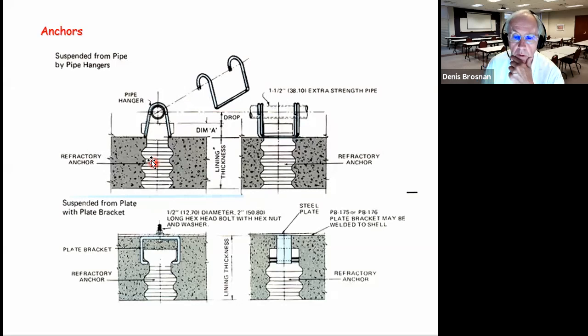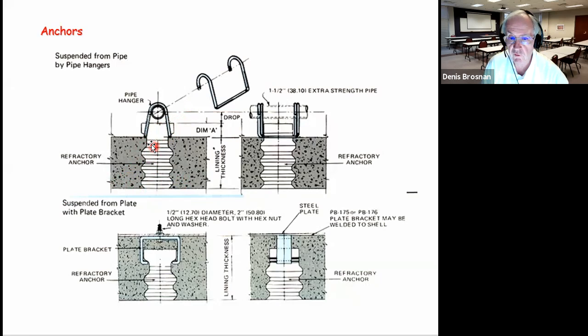In some ceramic plants, particularly tunnel kilns, this anchor may form a T at the base. It may be wider at the base so it can hold up tile between adjacent anchors. The theory of this anchor is that it holds the refractory hanger brick in compression, right where it's holding on to it.